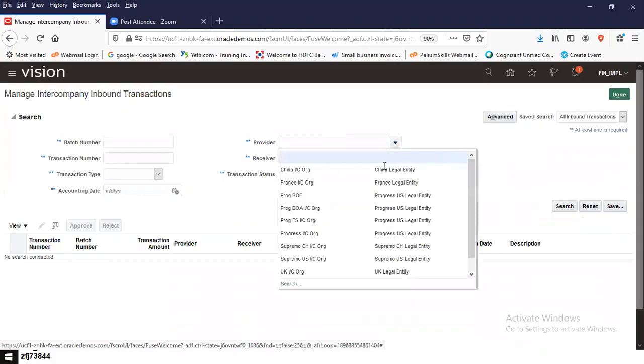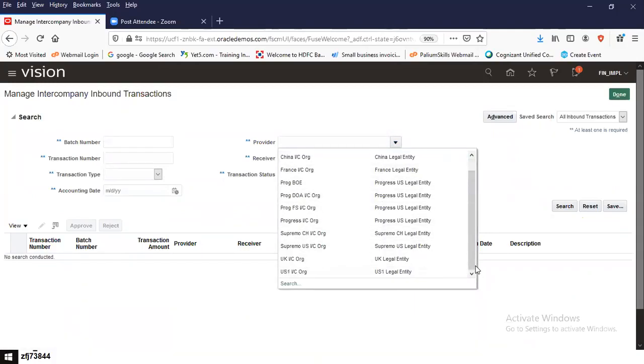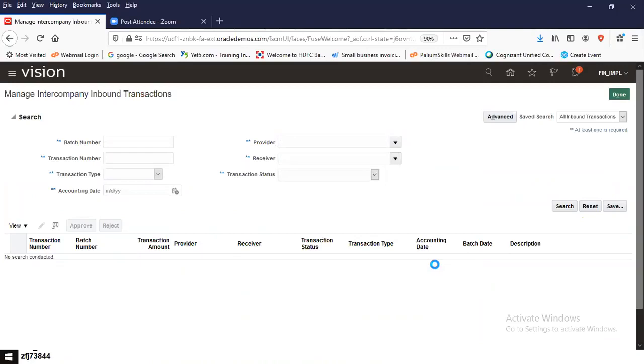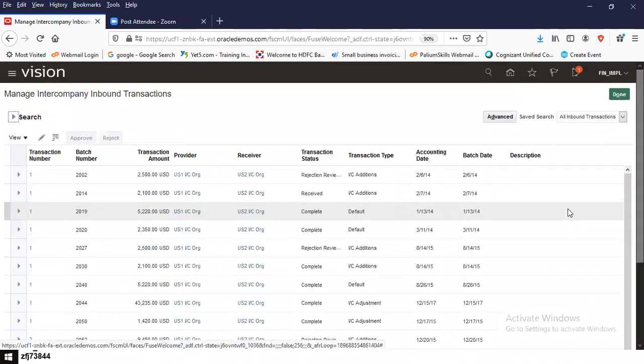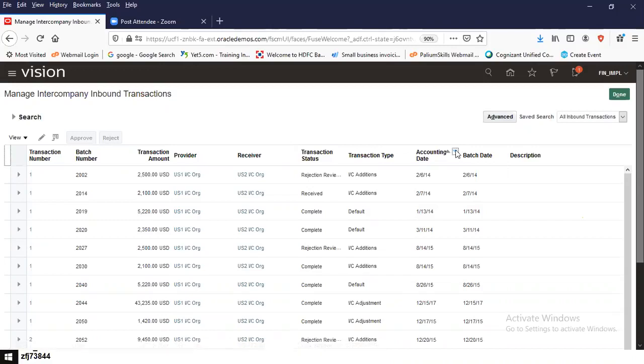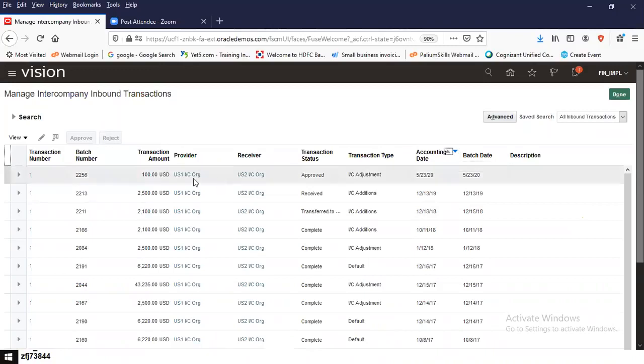Provider was US1, company or receiver was US2 intercompany. Okay, so this is our transaction.